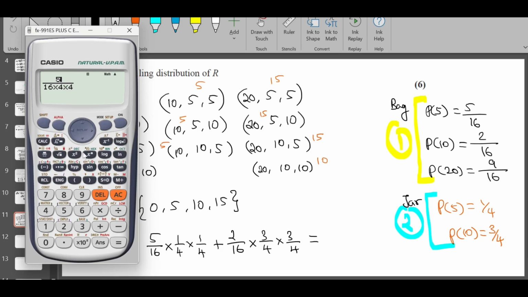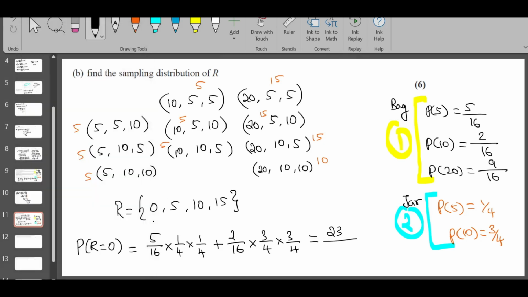So in the numerator we can write 5 plus 9 2s are 18. We get 23 over 256. 23 over 256.